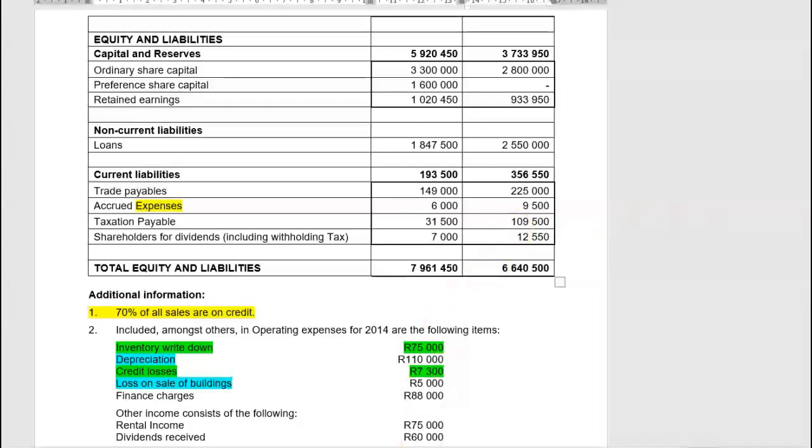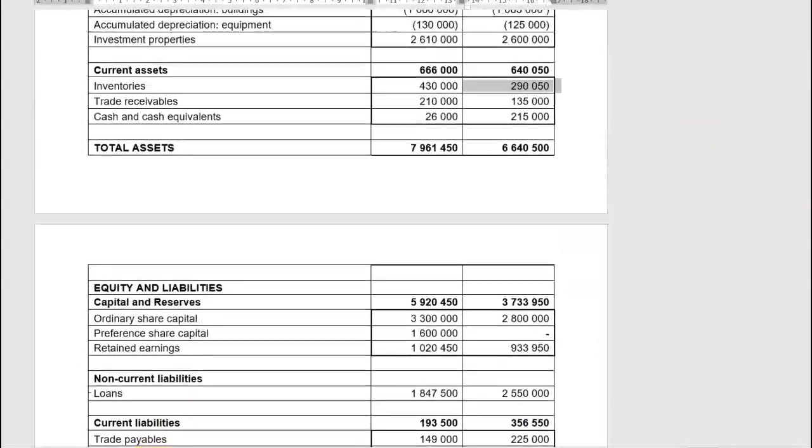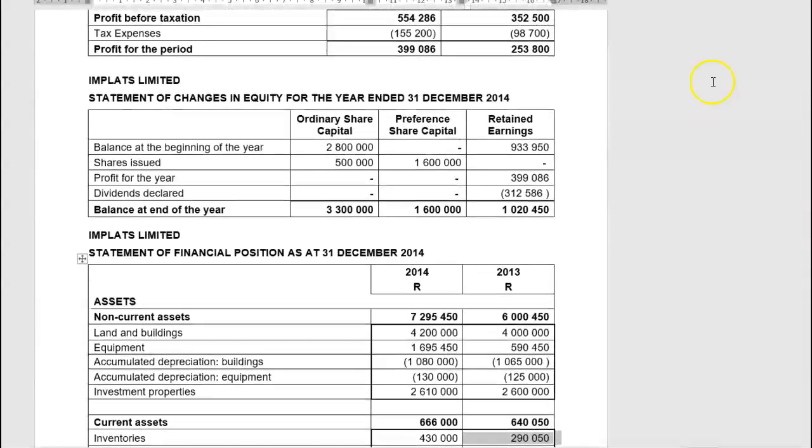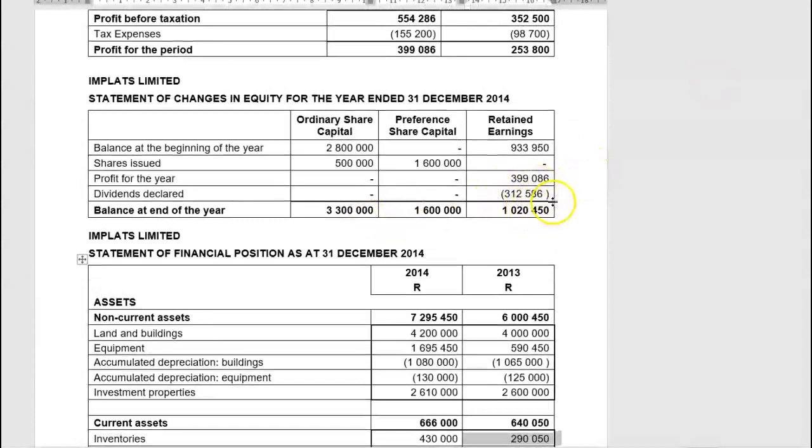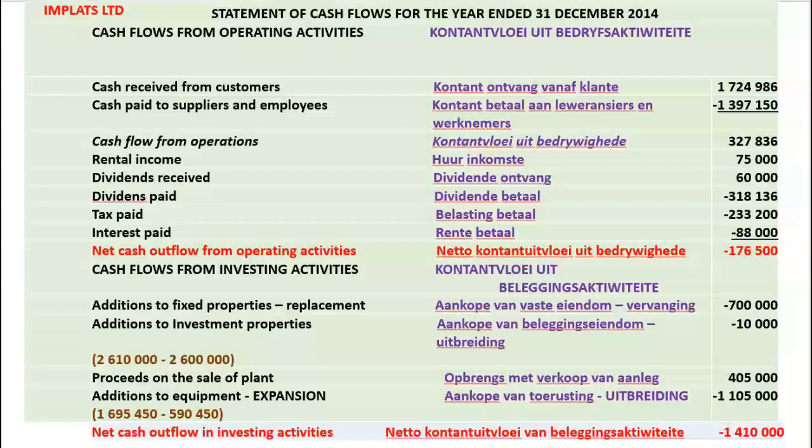Dividends paid. The question actually gave me dividends paid. They gave me shareholders for dividends, so I have to open up a T account, opening balance, closing balance, and they gave me the dividends which was declared for the year. Dividends declared, 312,586.